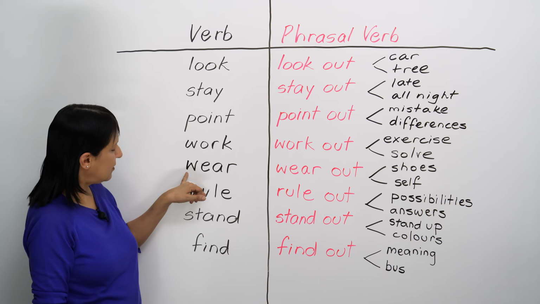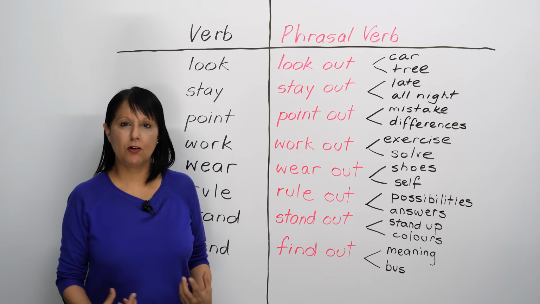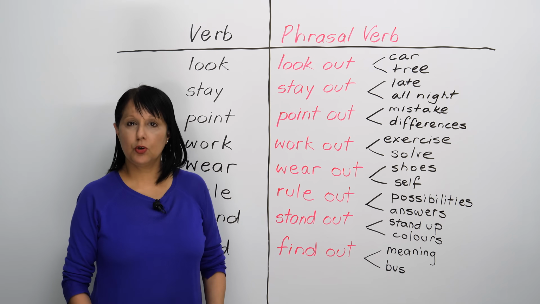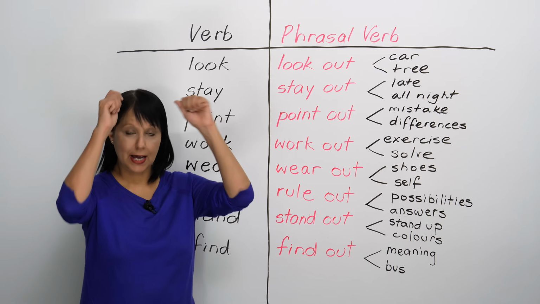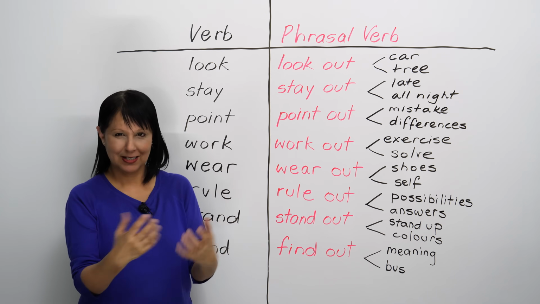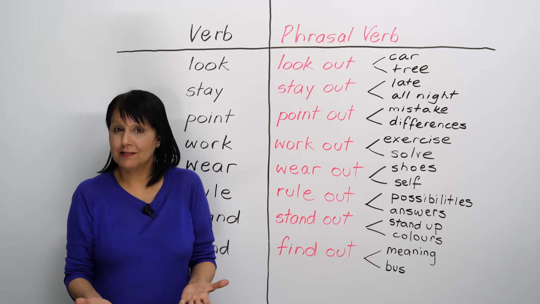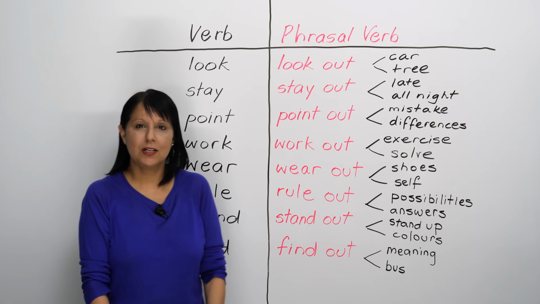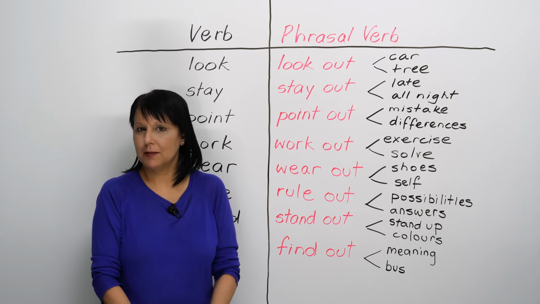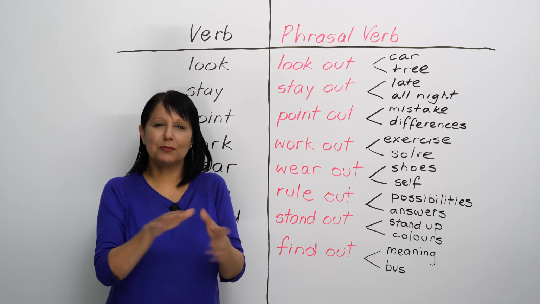So the regular verb wear. So to wear means to put something on. For example, your clothes or your shoes or a hat or your watch or something, right? To wear something. But what does it mean to wear out something? Well, let's suppose I have some shoes that I bought and I love these shoes. I'm so comfortable in them. I don't want to ever throw them away.